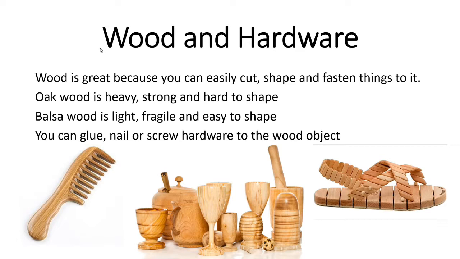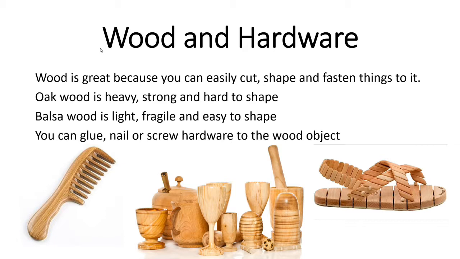Wood and hardware. So wood is great because you can easily cut it, shape it, fasten things to it. And just to give you an idea of the types of wood, oak is a real heavy and hard wood. It's strong, and it is actually hard to shape since it's strong and firm.